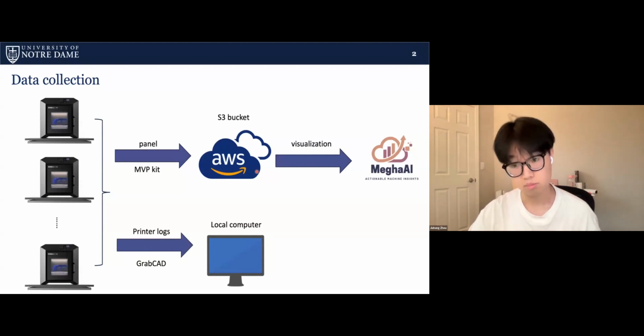The 3D printers at EIH are managed by a platform named GrabCAD. Students can submit their printing jobs from their end of GrabCAD, and the administrator at EIH can view the jobs and assign different printers for different jobs.